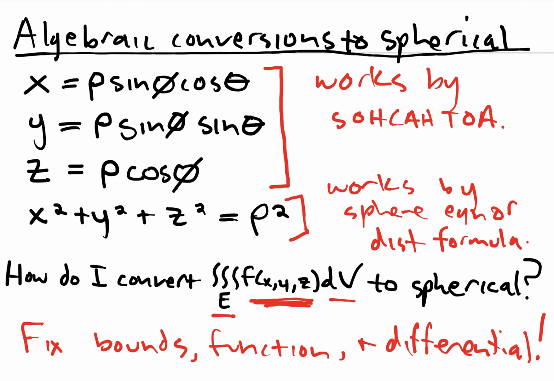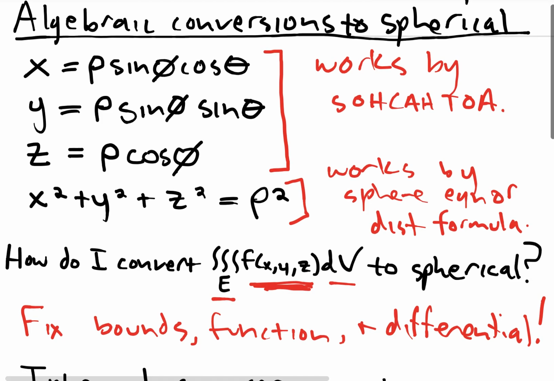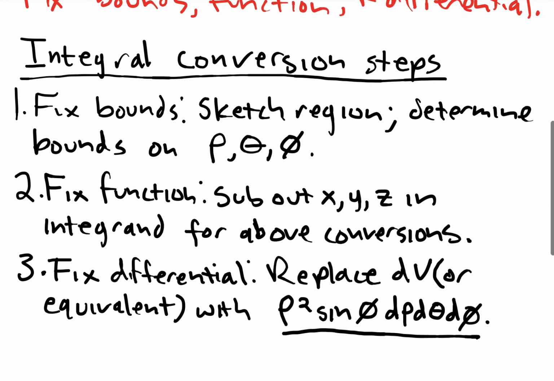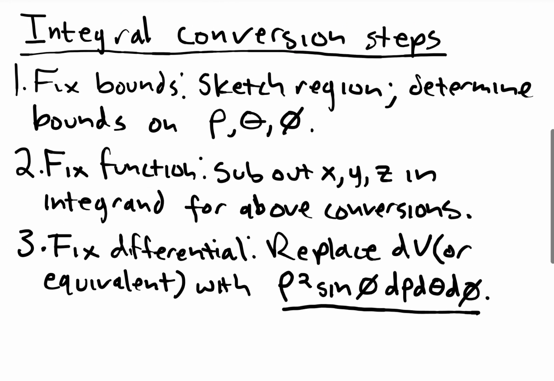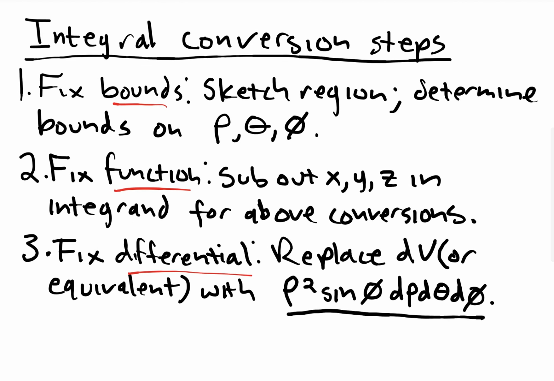Now, if you want more detailed instructions on how to do that, I got them right here. My integral conversion steps are going to involve me fixing, again, my bounds, my function, and my differential. So if I need to convert my bounds, I keep telling you guys this, there's really not a handy dandy trick to swap your bounds directly over to a different coordinate system.